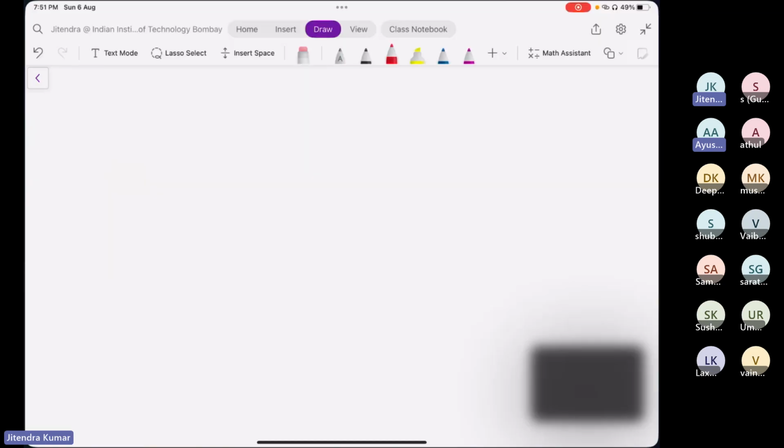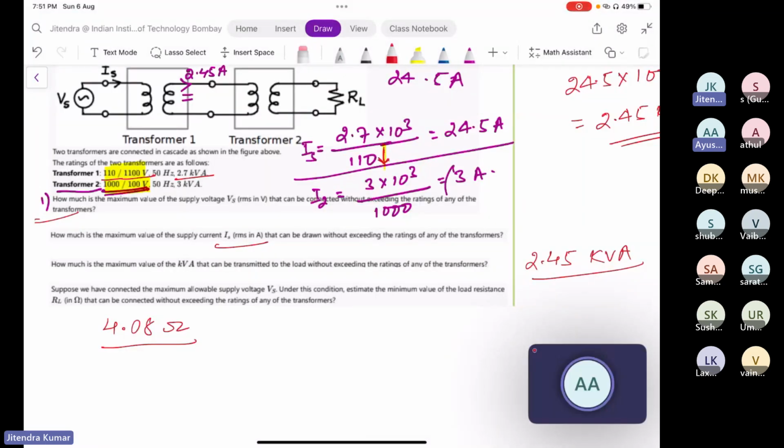Exactly, sir. Because, sir, after all the conclusions, we conclude that the maximum supply voltage is this, and the maximum available current is this.